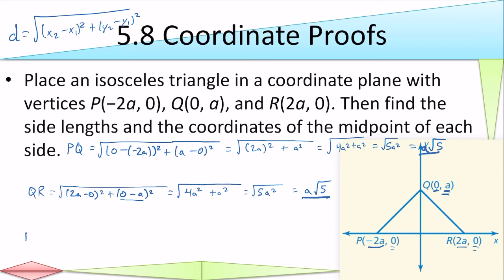All right, our last side is PR. And you could probably look at that and figure it out, but let's use our formula anyway. All right, x2 is 2a, x1 is negative 2a. y2 is 0, y1 is 0.